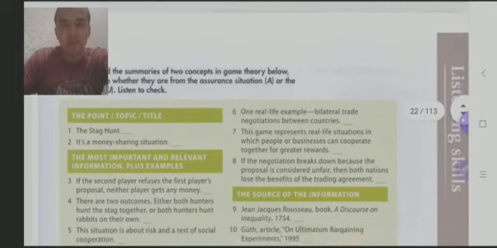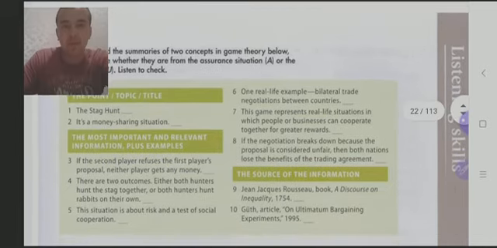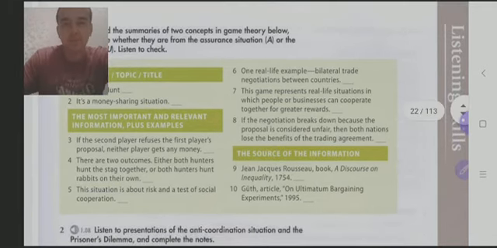The next one. The most important and relevant information, plus examples. If the second player refuses the first player's proposal, neither player gets any money. Again, assurance or ultimatum. The next one. There are two outcomes. Outcome means result. Either both hunters hunt the stag together or both hunters hunt rabbits on their own.